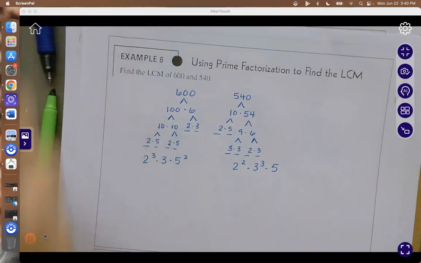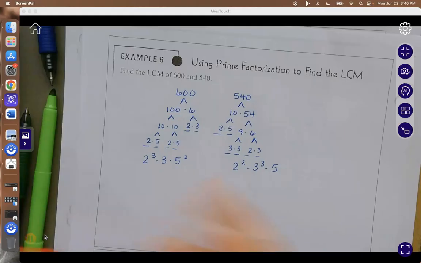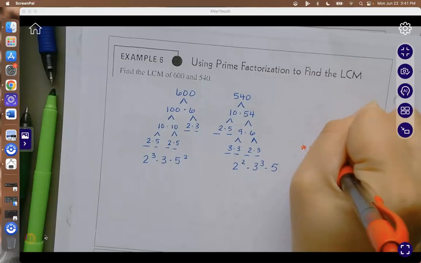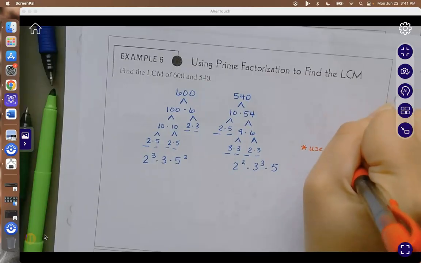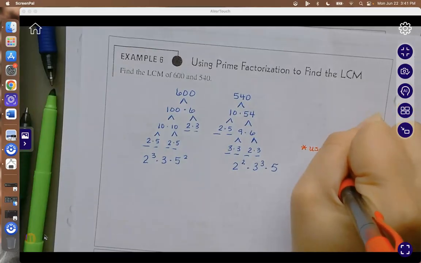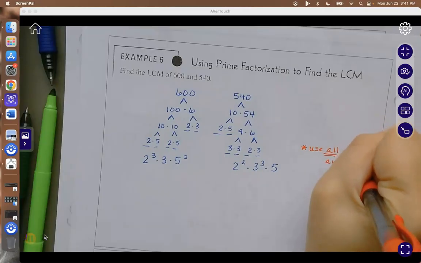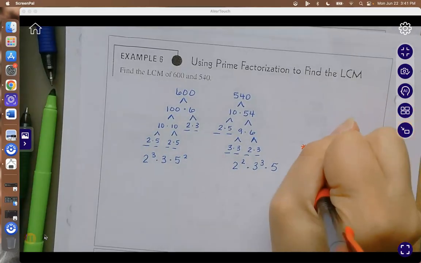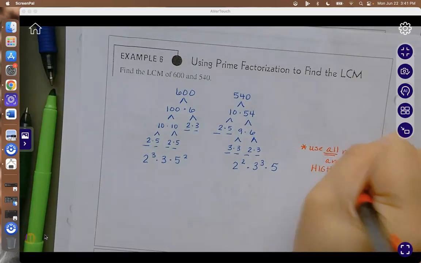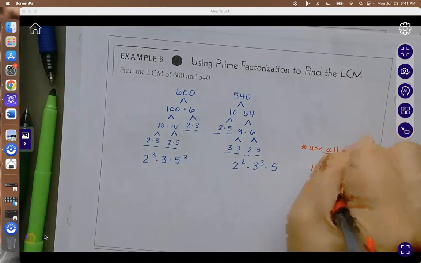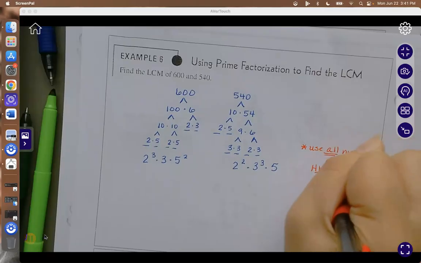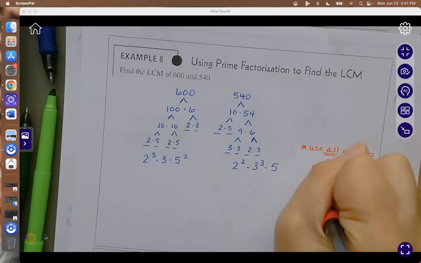Okay, so this time for LCM, use all numbers and the highest amounts of each.